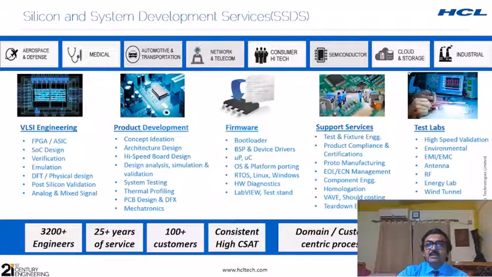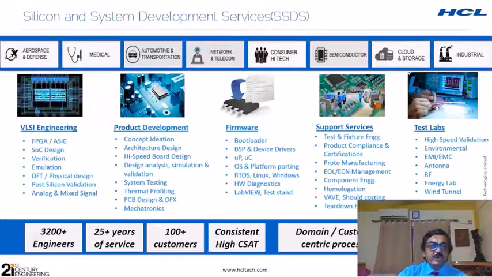This supports multiple verticals like aerospace, medical, automotive, networking, consumer, semiconductor, cloud storage, and industrial, supported by these competencies which I have listed here. VLSI engineering is one, but then there are also product development, firmware development, the support services, and the test labs.